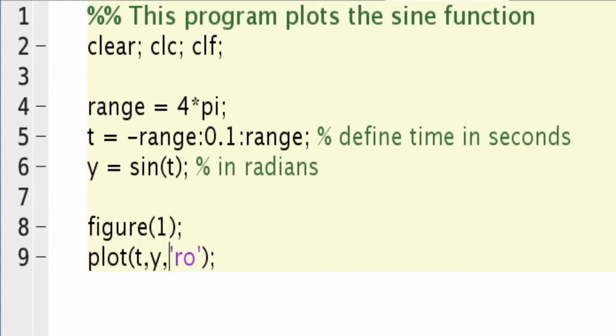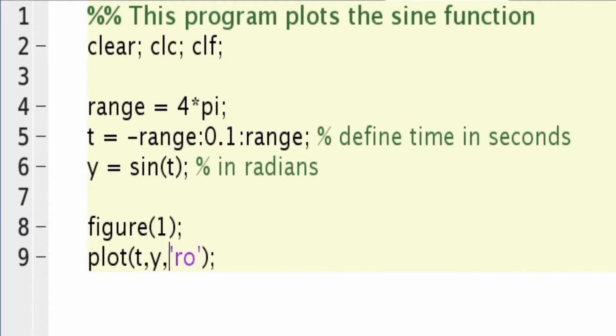In line 6, I have assigned the new variable y to be equal to the sine values using the equation y equals sin(t). The variable y will have exactly the same size as the variable t. Line 8 tells MATLAB to create a figure and label it as figure 1.